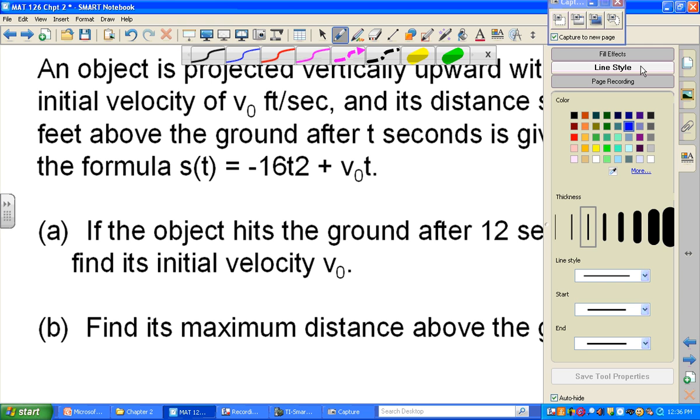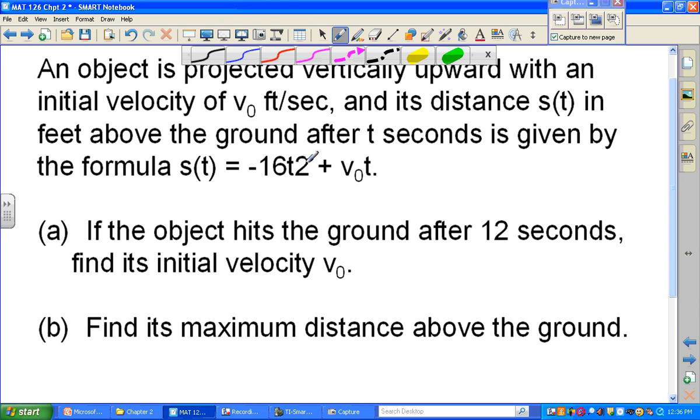Properties, line style. That's supposed to be actually a squared. So I'm just going to white it out like I've seen people do on other things. Go back to this, hit this right there, and put a 2.